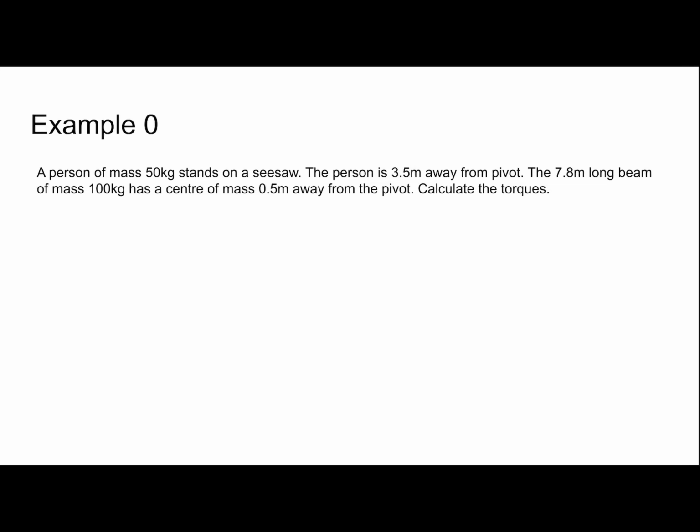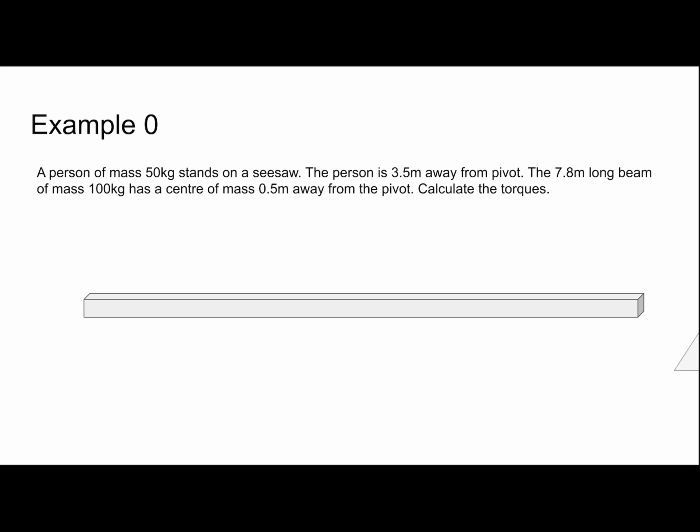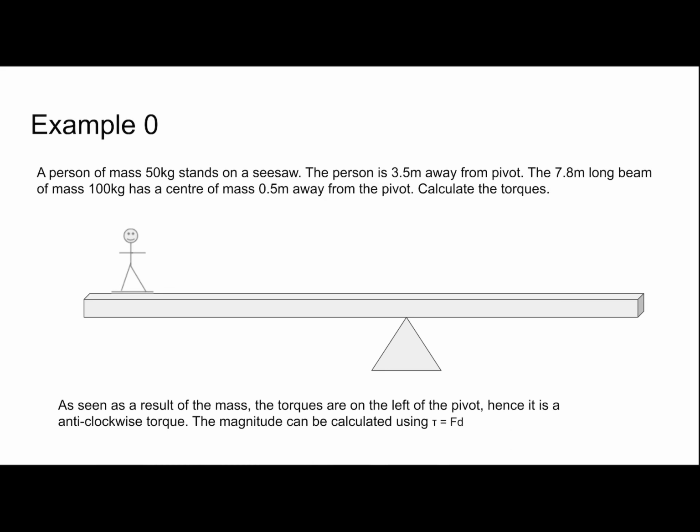The 7.8 meter long beam has a mass of 100 kilograms and has a center of mass 0.5 meters away from the pivot. Calculate the torques. So we have our diagram here, with this person, and we just say this is our pivot point, which is this triangle here.